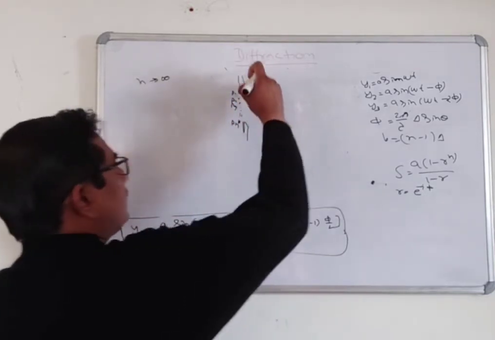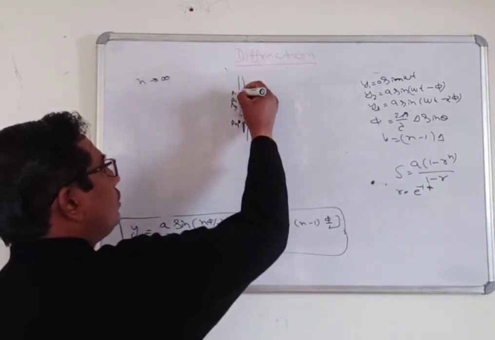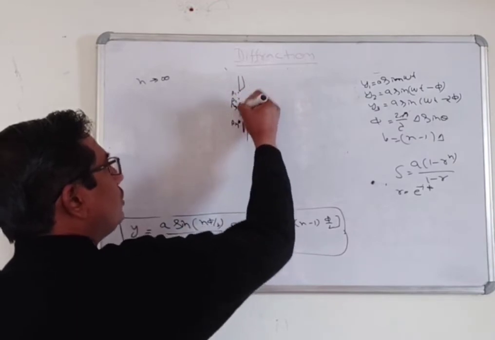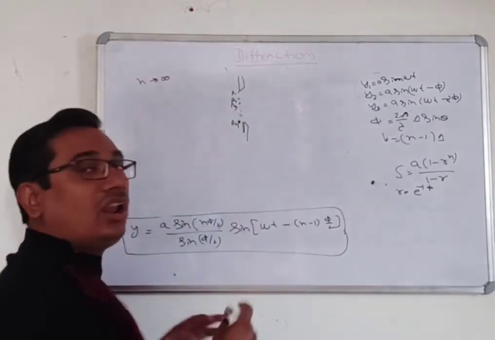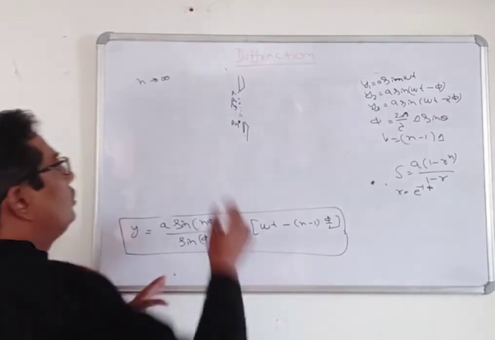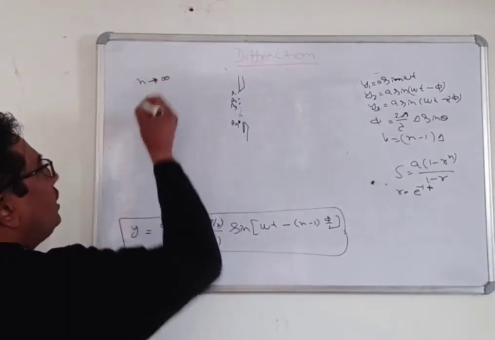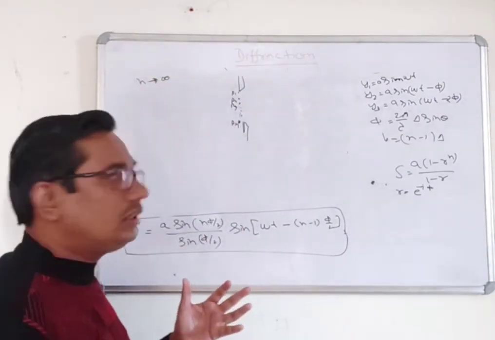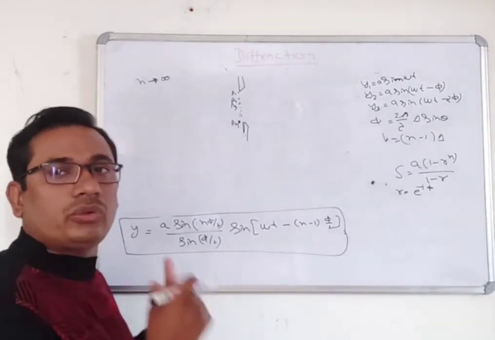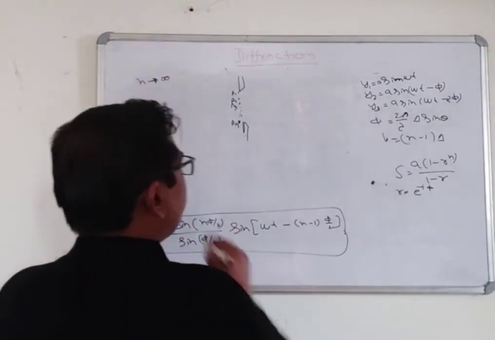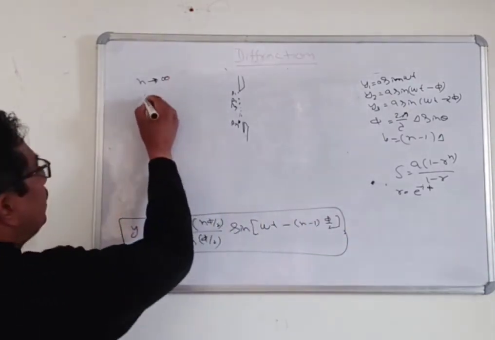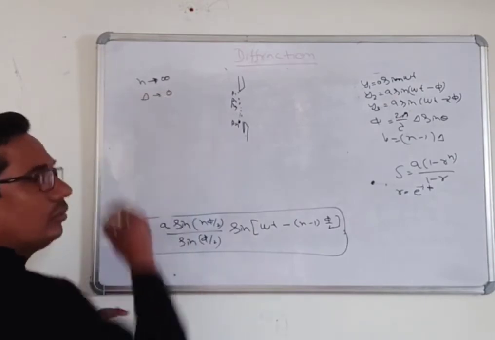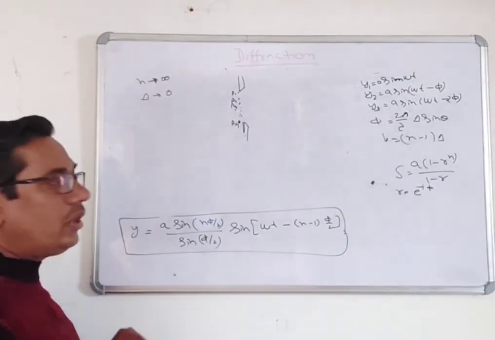Suppose that the secondary sources will be a large number. You can say that n tends to infinity. At that condition, you know that delta will be 0. Why will delta be 0?